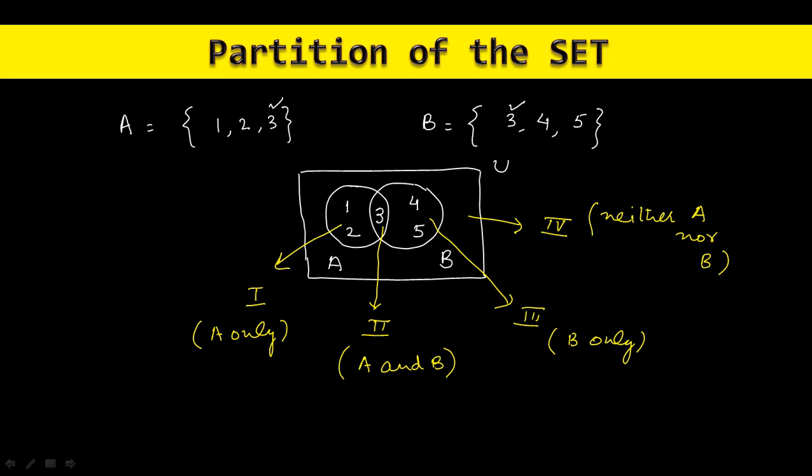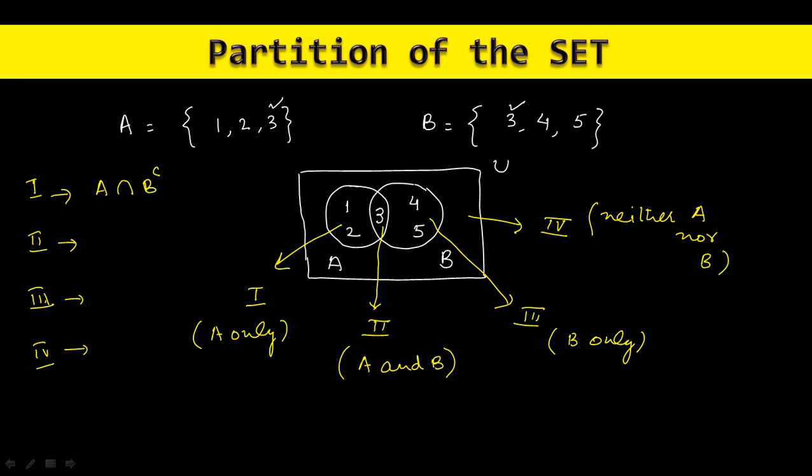Now, how to write mathematically? First partition, second partition, third one, and fourth one. How to write these partitions? First partition can be written as A intersection B complement.